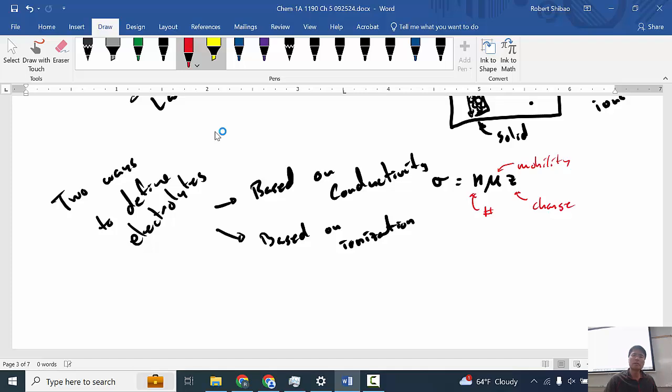So we need three things in order to conduct electricity. We need a certain number of charge carriers, and they have to have mobility, and they have to have a charge. In metals, we have lots of electrons, and they have mobility, and they have a -1 charge. And so metals are good conductors of electricity.